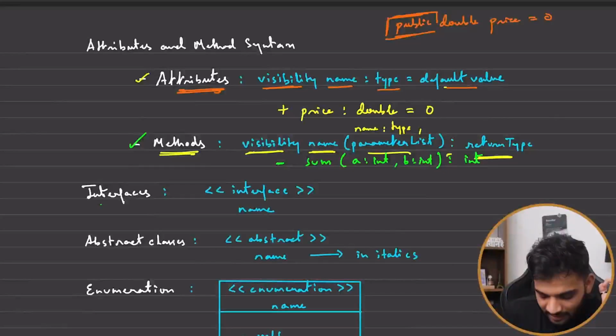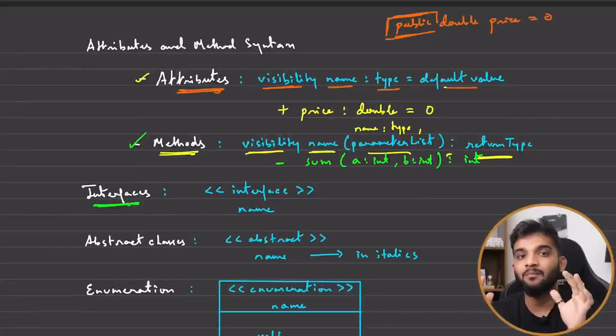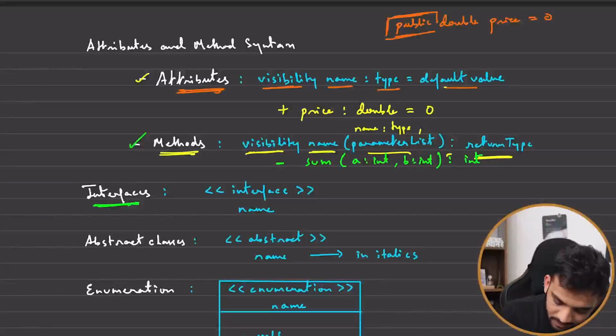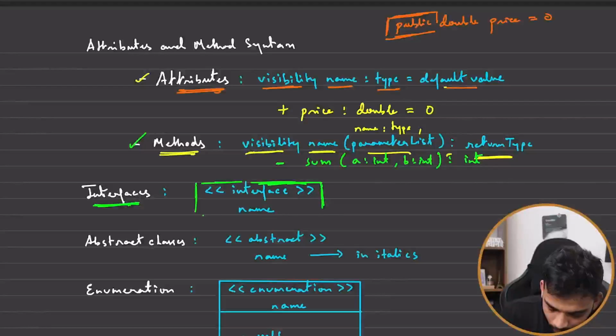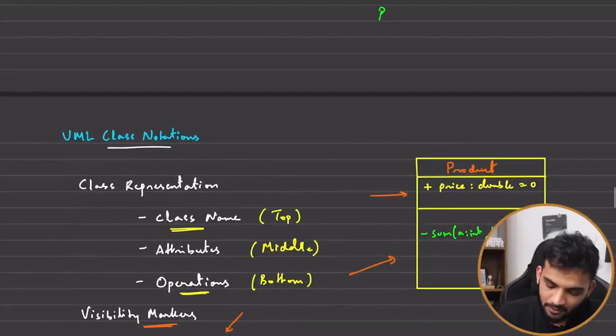What if we have interfaces? With interfaces, everything is the same apart from the top compartment. In the top compartment, this is what you'll be writing. You'll be using the interface stereotype that I've written, followed by the name. So if I have an interface like, let's say, payment method, this is my interface.